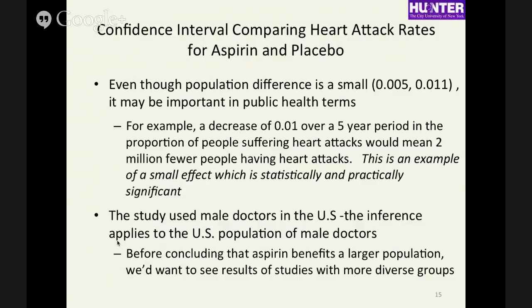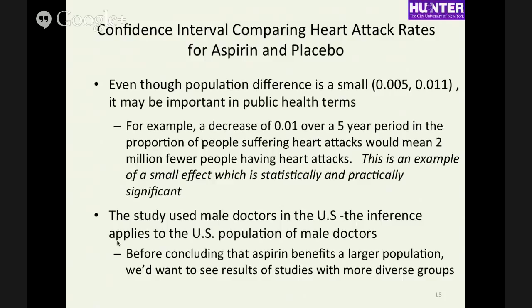And one of the things that I have mentioned before that you should take from the course is that statistical significance and practical significance are not necessarily the same things. And you'd have to put this into context of public health in the population to determine whether it's practically important.